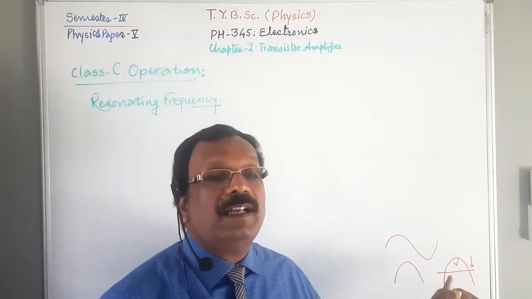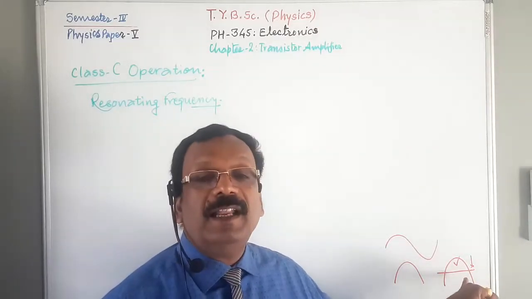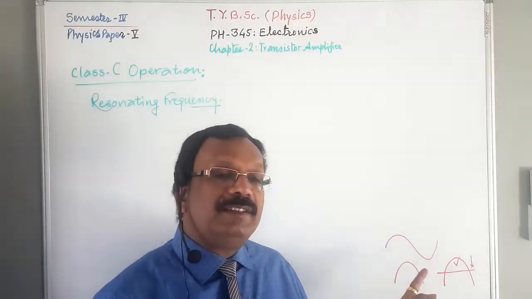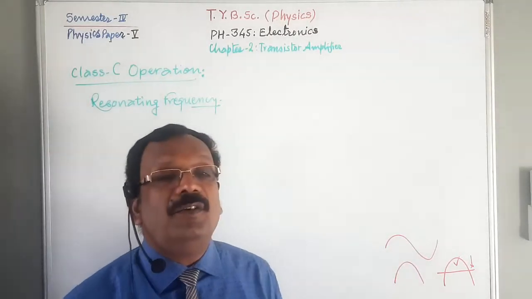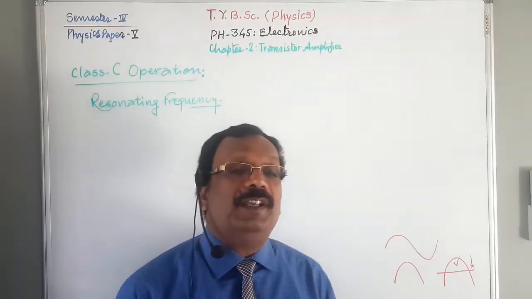That means in class C operation, the collector current flows for less than half cycle. A parallel resonant circuit can filter the pulses of collector current and produce a pure sine wave output voltage.